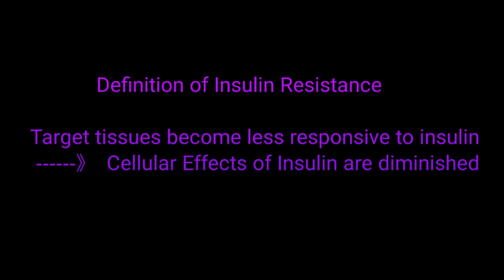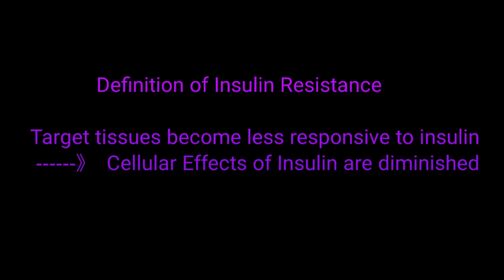For example, insulin resistance in the liver would result in decreased glycogen synthesis or less stimulation of glycogen synthesis and less inhibition of glycogenolysis, meaning more glucose output from glycogen degradation.